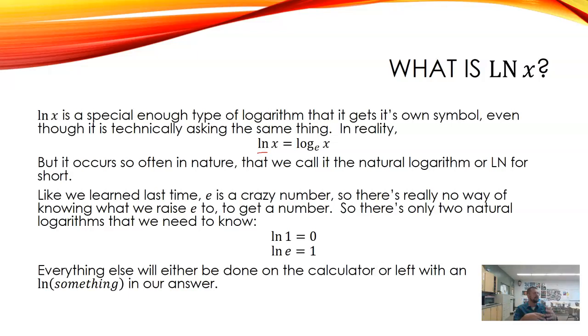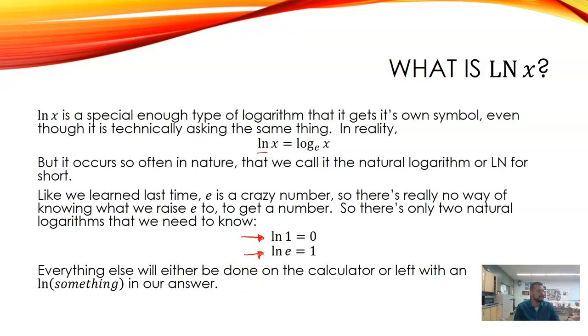You learned a bunch of properties about logarithms last year, where you talked about how to change a logarithm if we have two logarithms and we can multiply stuff together. None of those rules we actually have to remember. In fact, the only two things we have to remember about the natural logarithm is that the ln of 1 is always 0 and the ln of e is always 1.